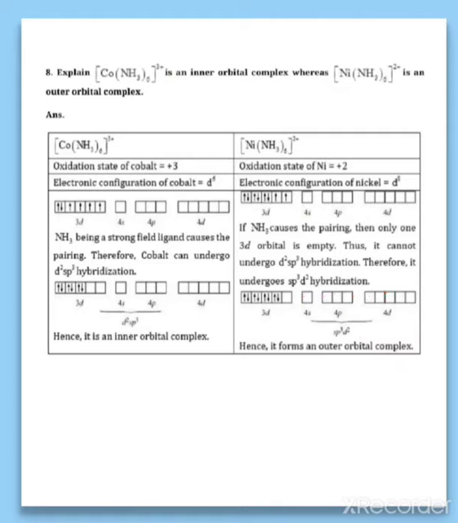When you compare both cases, here 3d orbitals are involved in the hybridization, that is inner d orbitals, and here 4d orbitals are involved, that is outer d orbitals. Therefore, this complex is called an outer orbital complex and this is called an inner orbital complex. So its answer is also there in the hybridization.